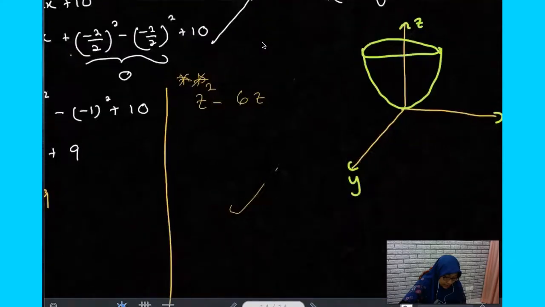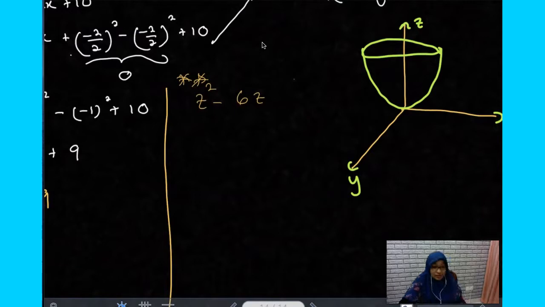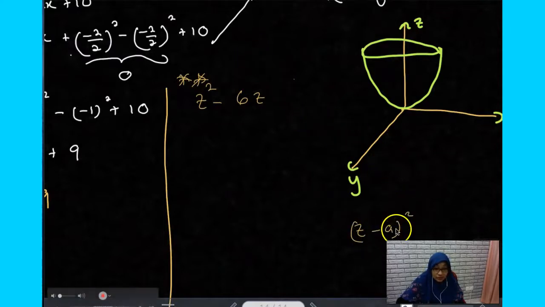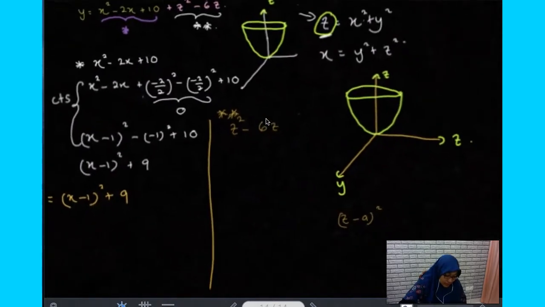So in this case, we implement the completing the square as well. We don't factorize because we want to have something like z minus a squared. So to get this, you have to apply completing the square. Okay, so just use the similar technique as before.